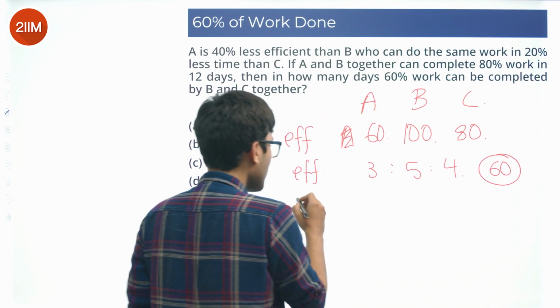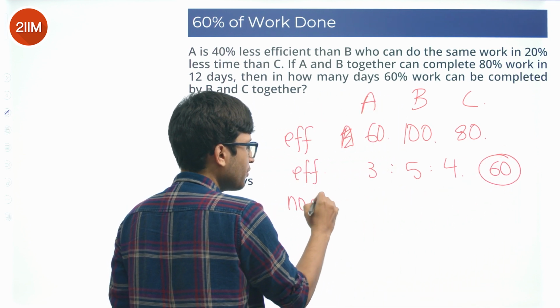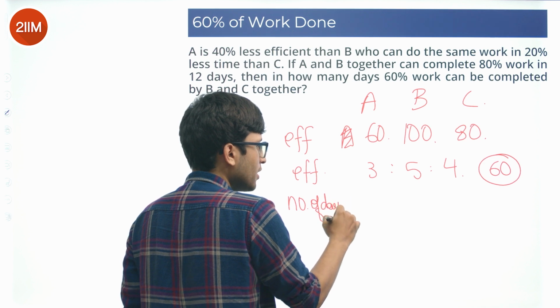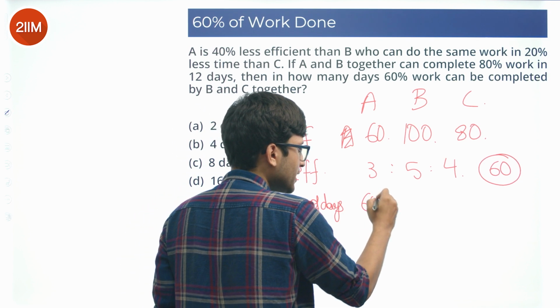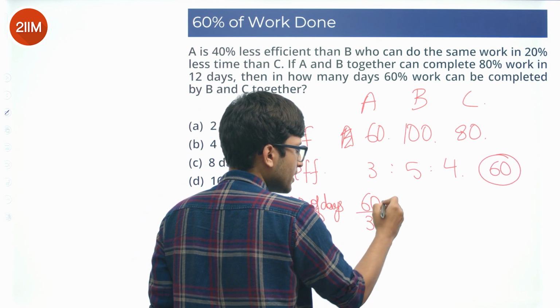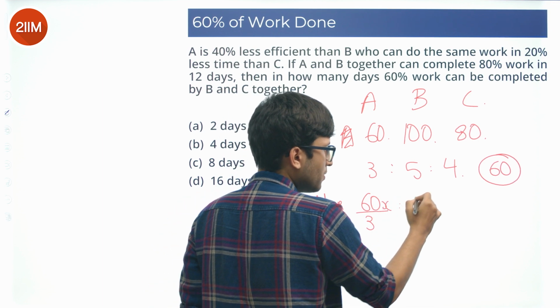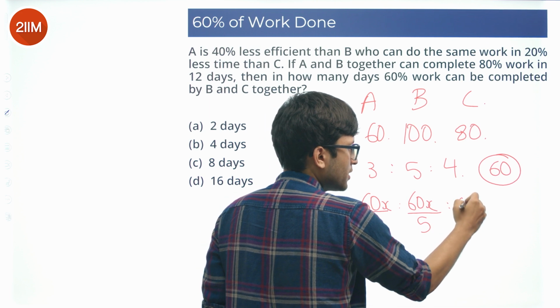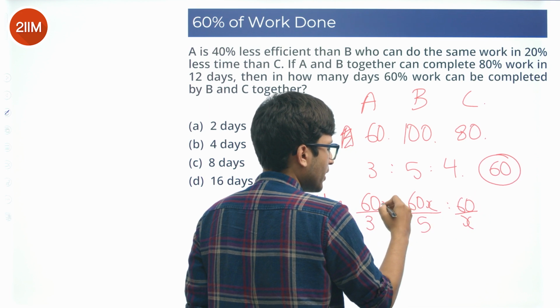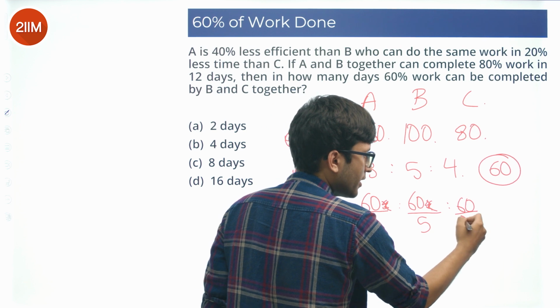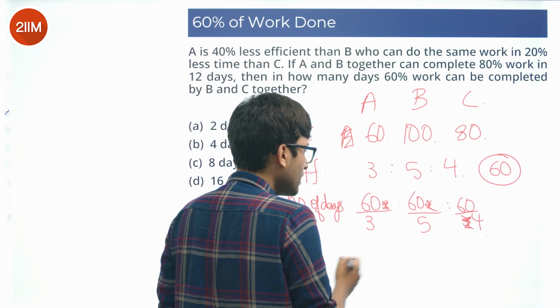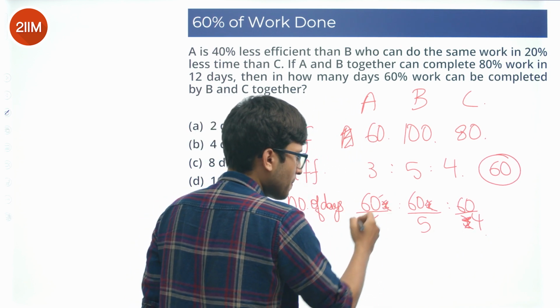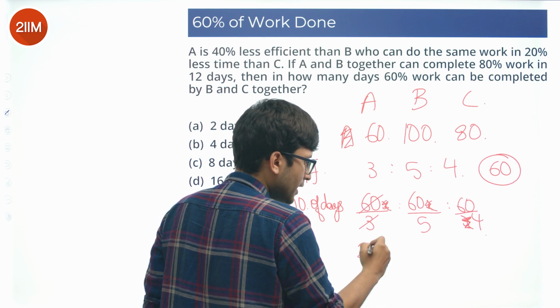So the number of days would be in the ratio of 60 by 3, 60 by 5, 60 by 4, so the number of days would be 20.